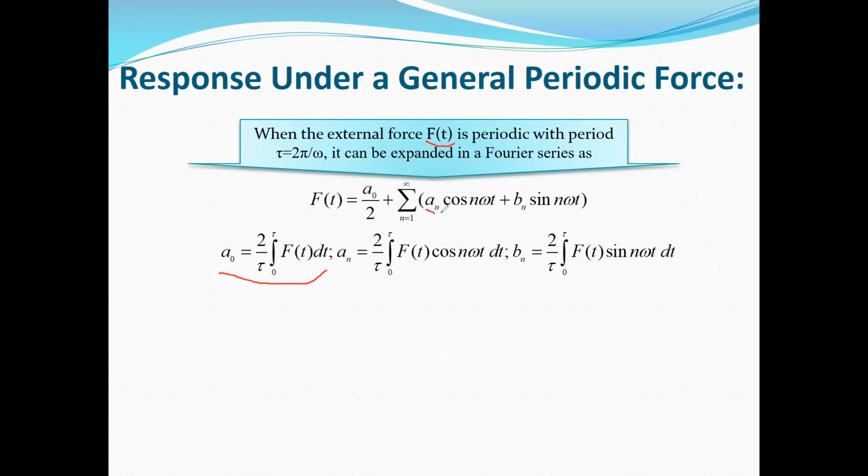So a_n is the coefficient of cosine harmonics and b_n is the coefficient of sine harmonics with different frequencies.